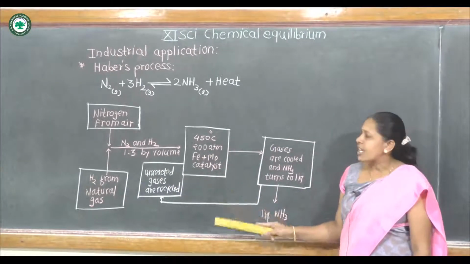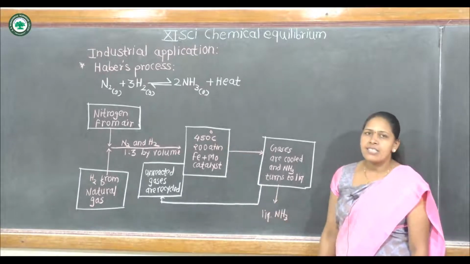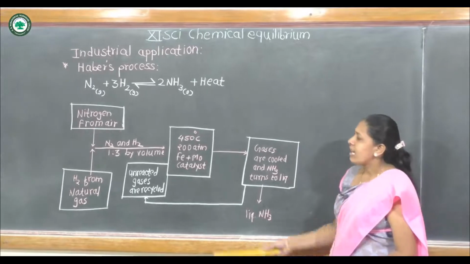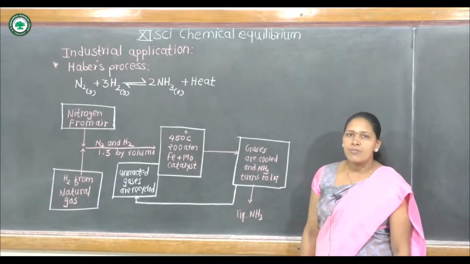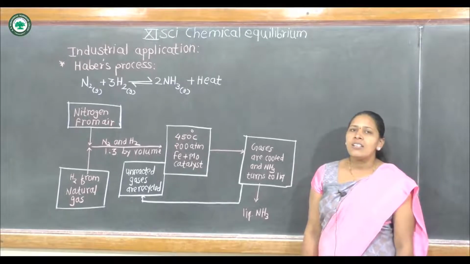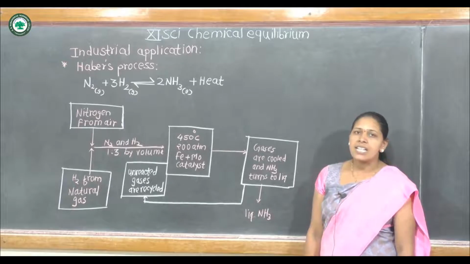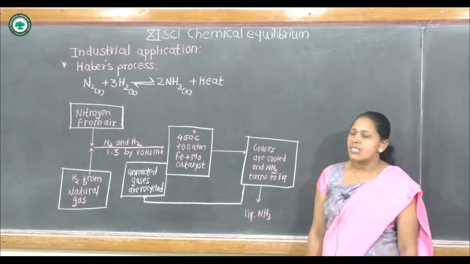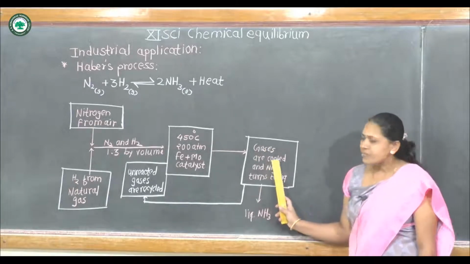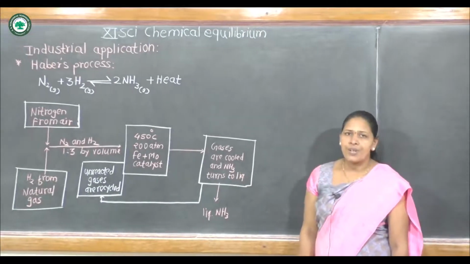Temperature required for this reaction is about 450 degrees Celsius, which is the optimum temperature, and pressure is about 200 atmosphere. Here iron with a small amount of molybdenum acts as a catalyst, which increases the rate of this reaction to form gases, which are cooled and ammonia turns to liquid.